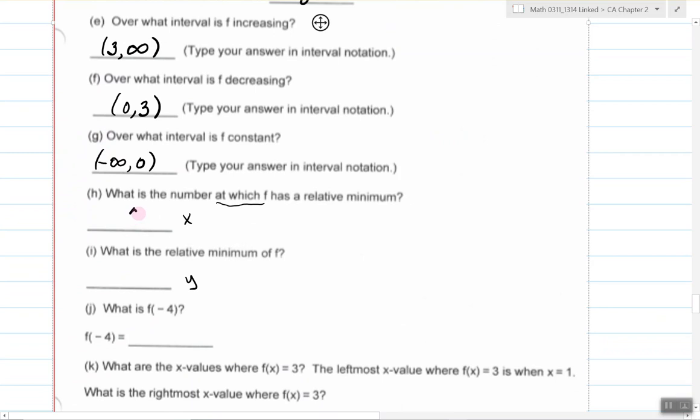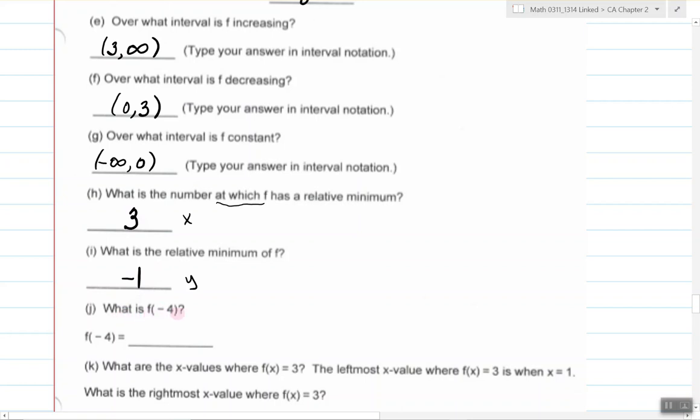At 3, the minimum, the bottommost y function value is negative 1. Somebody might ask you, well, which one is the minimum? It is the y that's the minimum. It's at what x? All right?